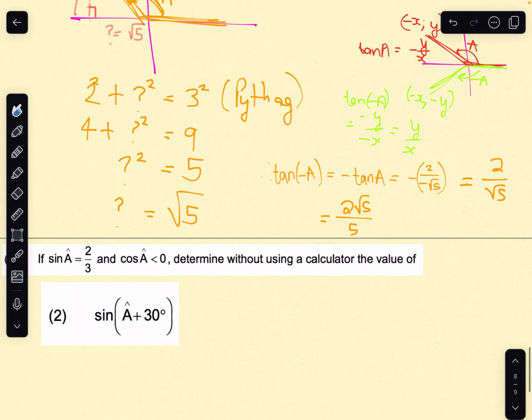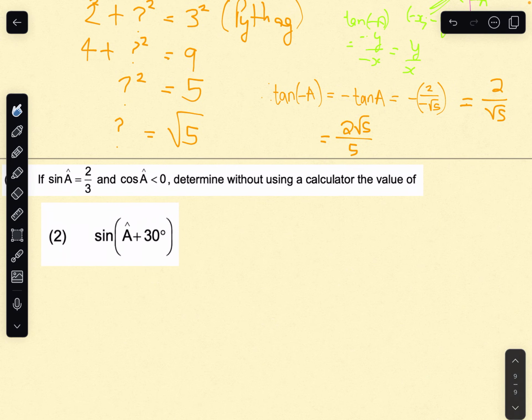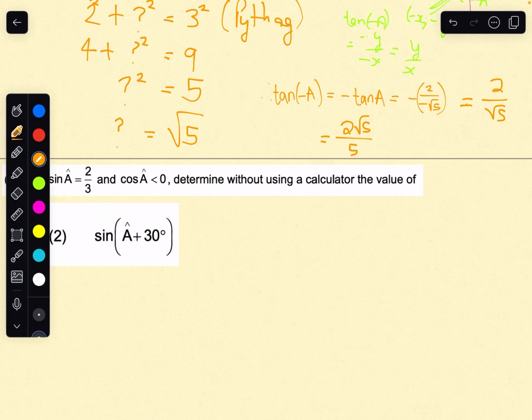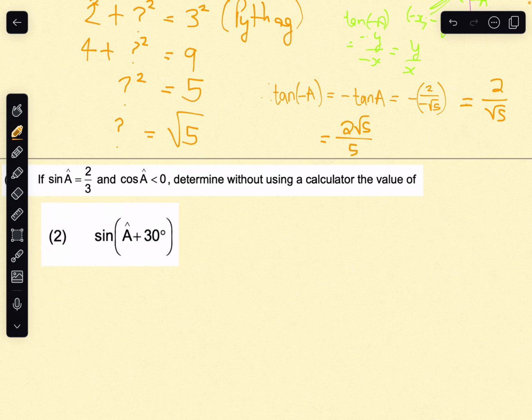Next one. Same question, but now we're looking at sine of a plus 30. We are given information about sine a, and now we're looking for a ratio related to a plus 30. So what we can do is use the compound angle identity. We know that sine of a plus b is equal to sine a cos b plus cos a sine b.